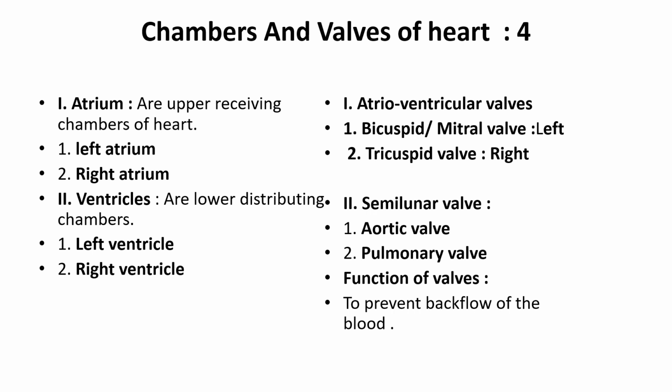On the right side it is the tricuspid valve. The semilunar valves, between the heart and the great vessels, are the aortic valve and pulmonary valve. The function of the valves is to prevent backflow of blood, so as to carry unidirectional blood flow.